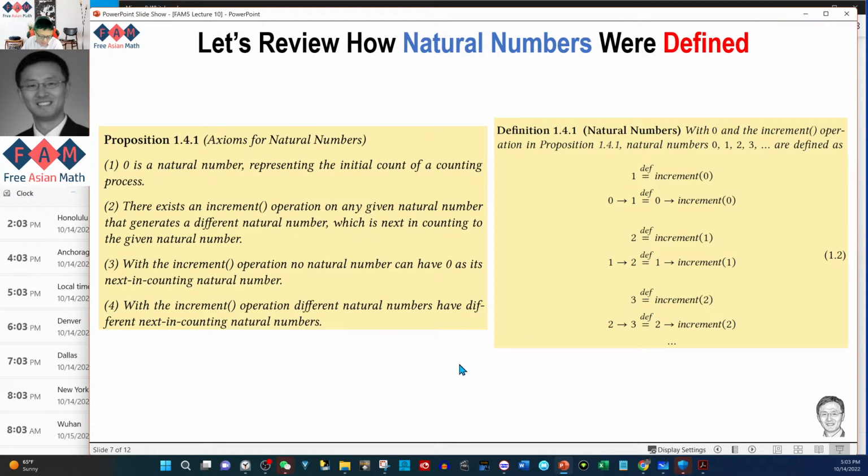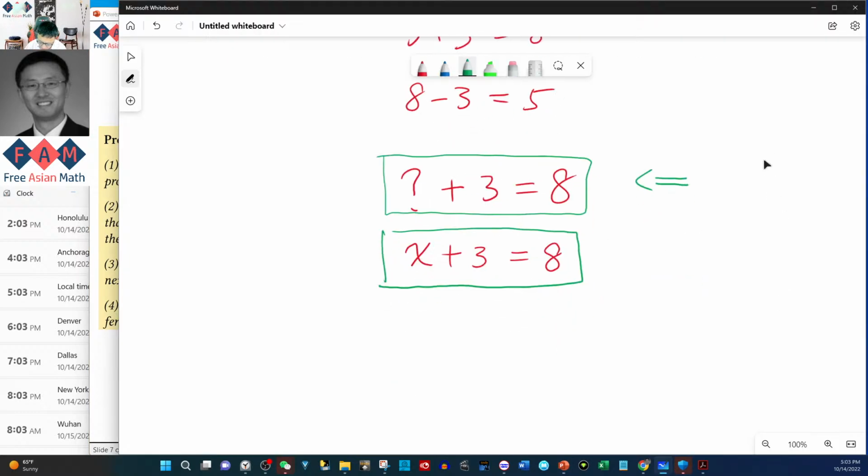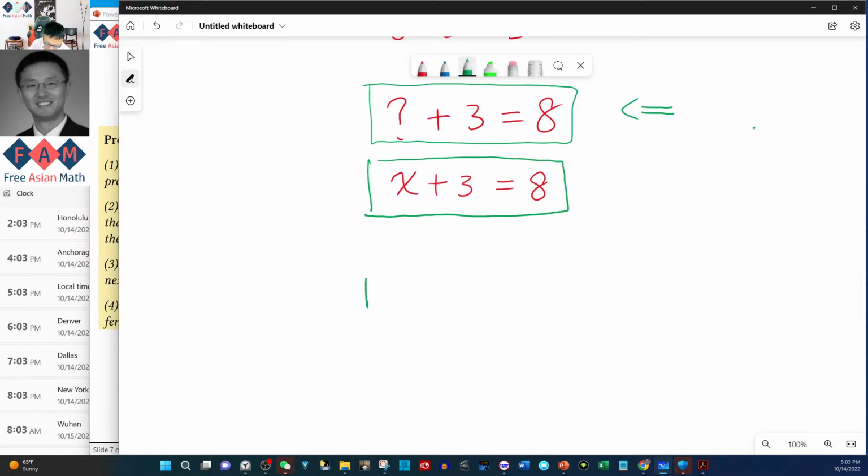That's actually one of the reasons why axiom number 3 is needed. You may have overlooked the significance of it, but we mentioned it exists to prevent counting loops. And one special counting loop is that if you count, say, 1, 2, 3, 4, of course, you start from 0.